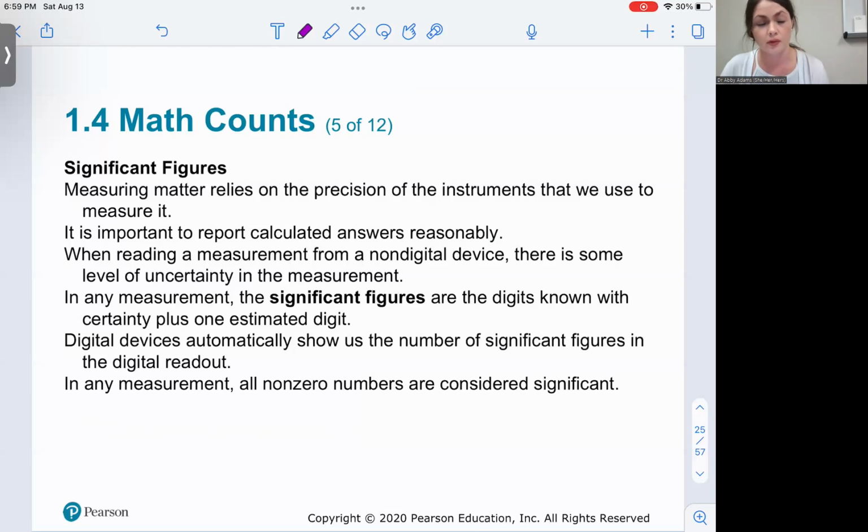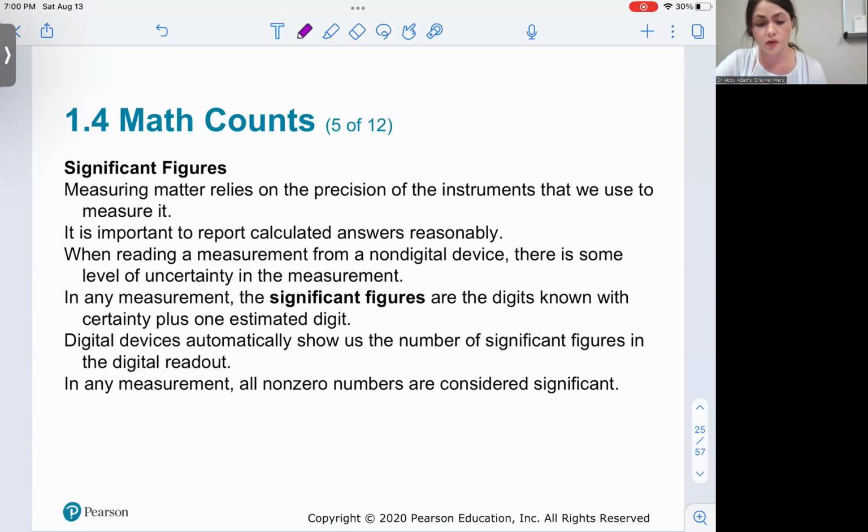It's not reasonable to report that you ran 3 streets down to the inches. It's not really telling us anything. How true is that? What is the precision? When reading a measurement from a non-digital device, there's some level of uncertainty. The significant figures are the digits known with certainty plus 1 estimated digit.